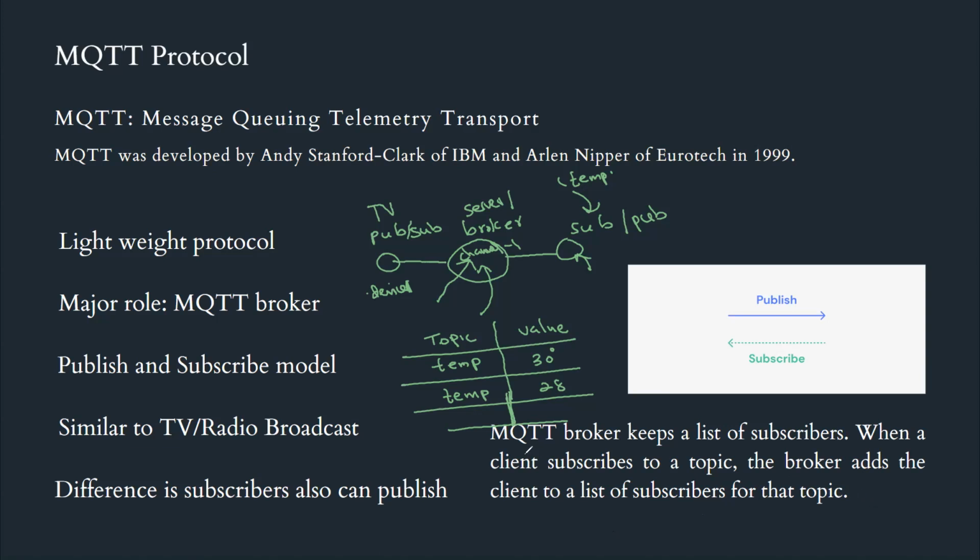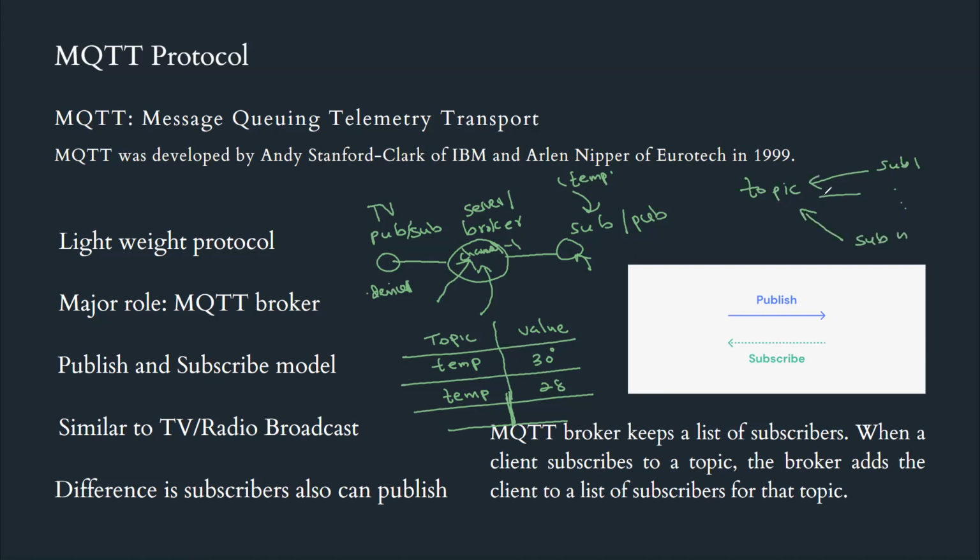So once there are multiple subscribers to a certain topic, the broker adds the subscriber to the rest of the subscribers who have subscribed to that topic. So for a certain topic, there could be several subscribers. So subscriber 1, 2, likewise up to n subscribers, there could be for a certain topic.